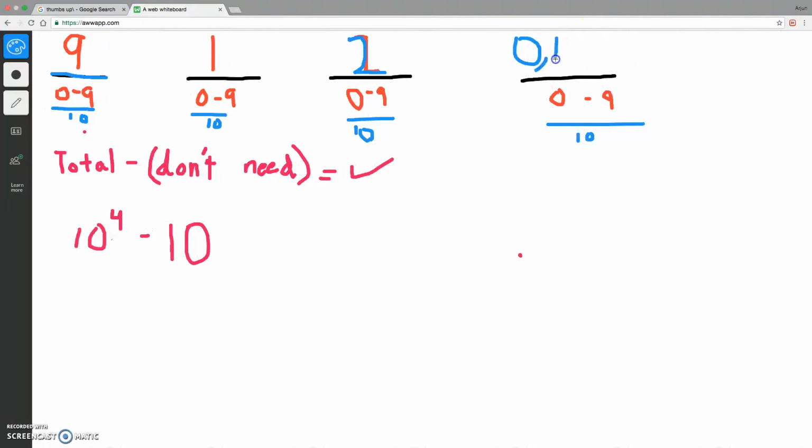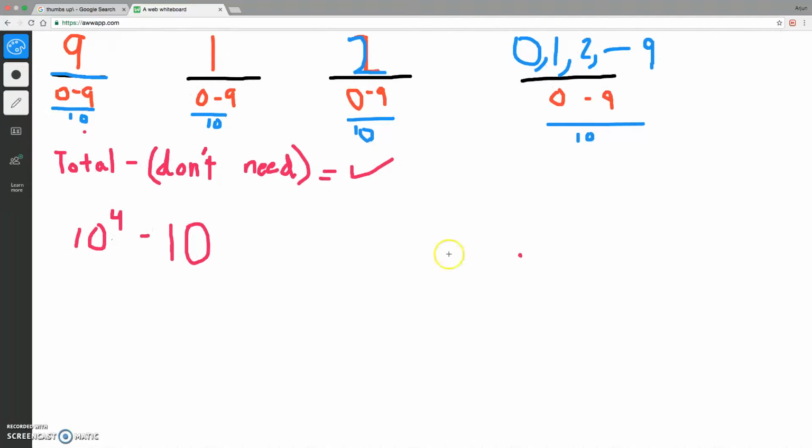If this was 1, that would not work. If this was 2, that would not work. And if this was any number between 0 through 9, it would not work since the first 3 digits stay fixed. So those are the bad cases that do not work.